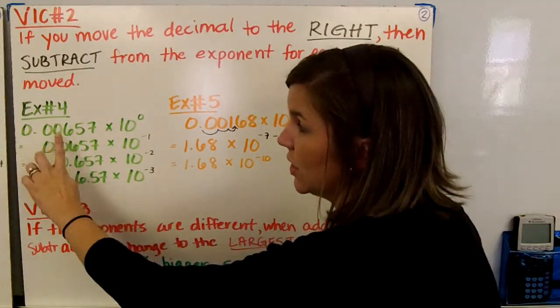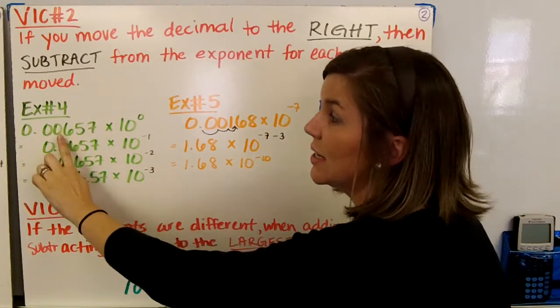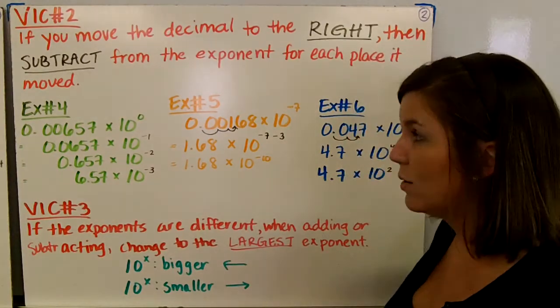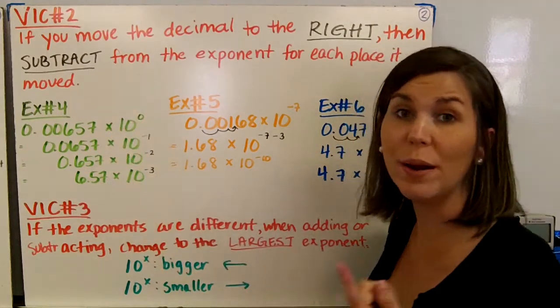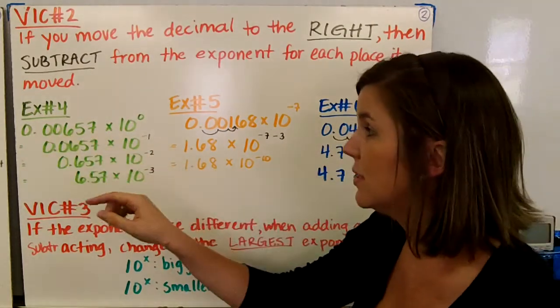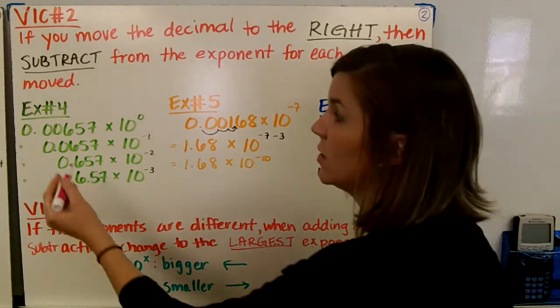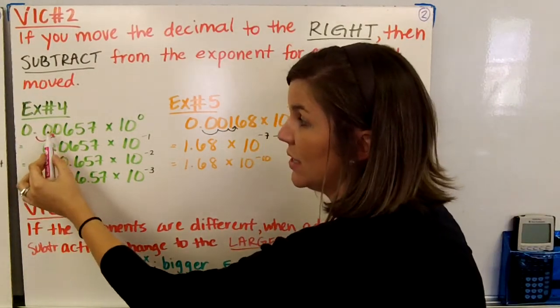So tenths, hundredths, thousandths, ten thousandths, hundred thousandths. This is 657 hundred thousandths times 10 to the 0 power. Again, 10 to the 0 power is just 1. This is our base number. If we move our decimal 1 place to the right, now it's between these 2 zeros.